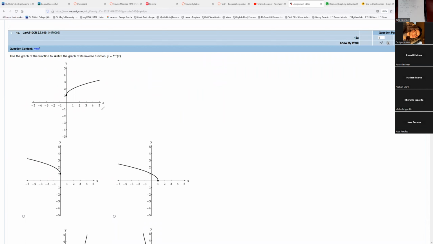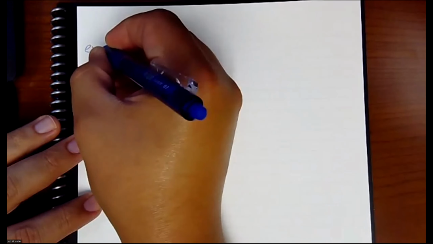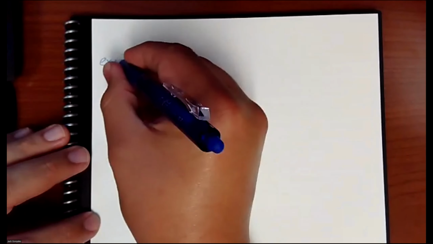So in the notes, they said that when you have a function, and you know what, it'd be better to do it on paper. Well, hold on before the example.